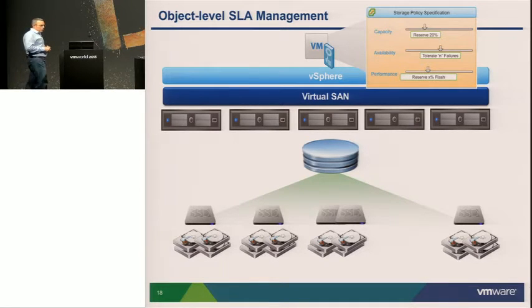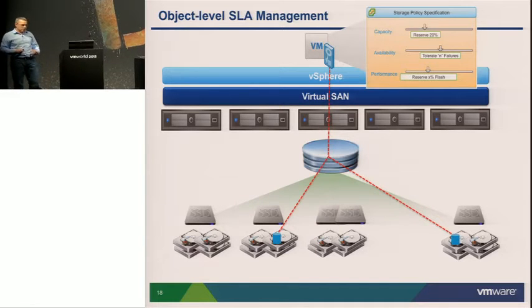So let's take the example of this blue virtual disk here in this figure. When we provision that virtual disk, the object for that virtual disk in vSAN, we look into, on one hand, what are the policies that the user specified: availability, performance, type of provisioning, capacity provisioning. And on the other hand, we also see what are the resources in the cluster: available capacity, available performance on the flash devices, on the magnetic disk, on the host.